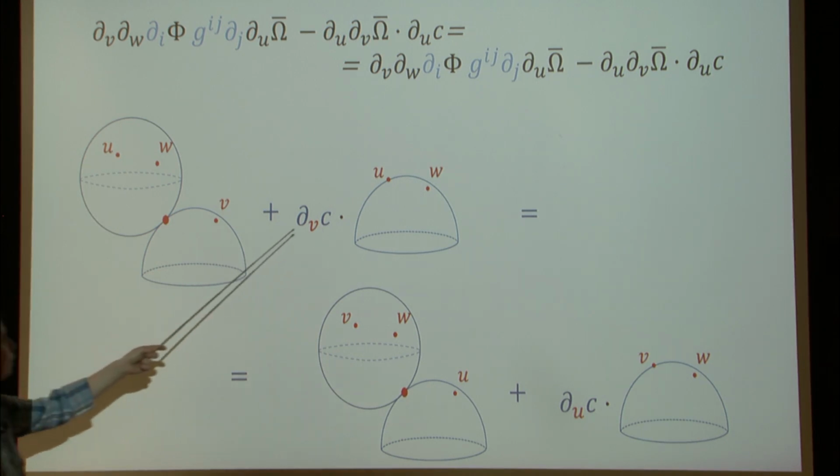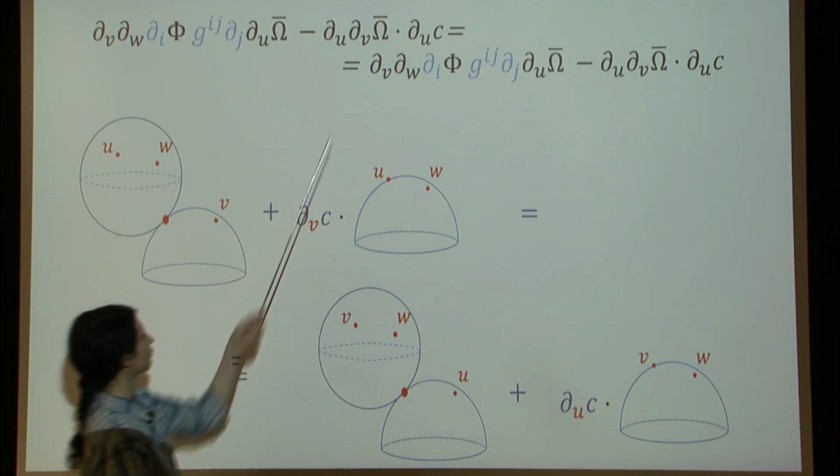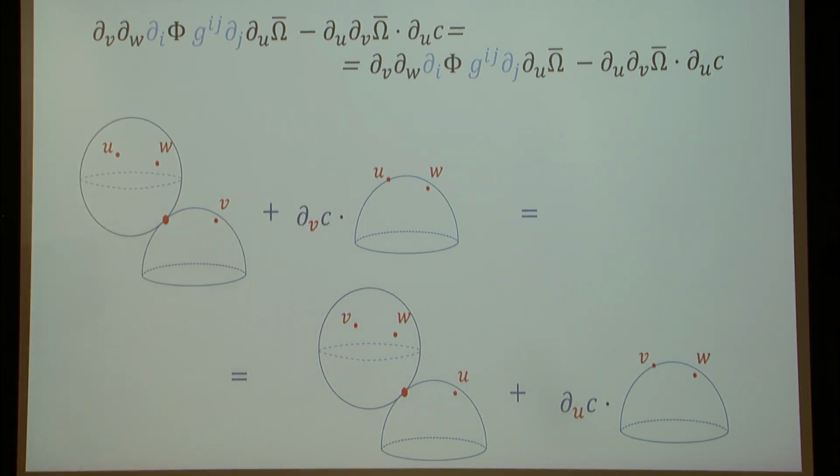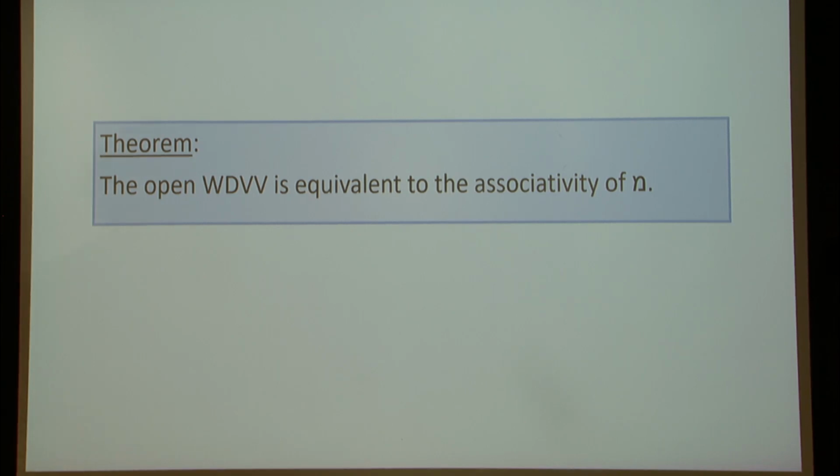This is one of the reasons why I like the version of the WDVV that maintains the C. But again, you can translate this into something in just omegas or just omega bars. And so what we get, again, is that the open WDVV is equivalent to saying that this product mem is associative.